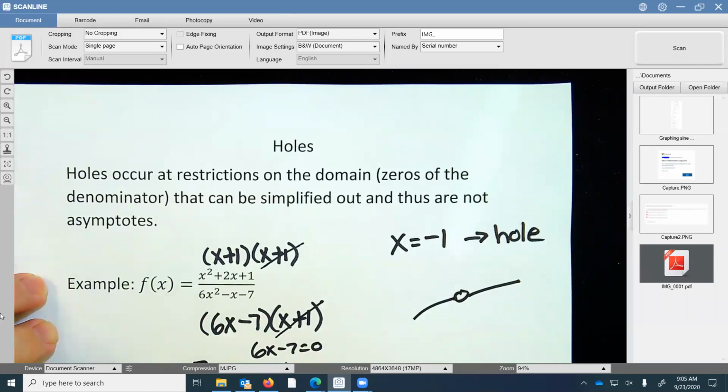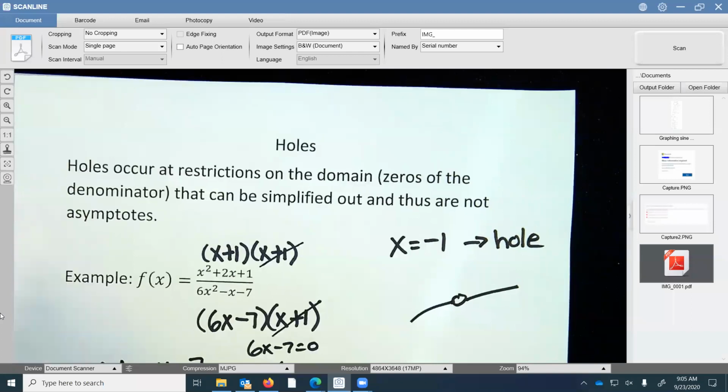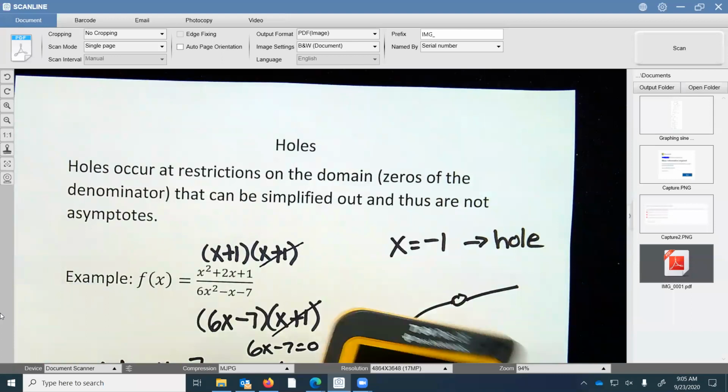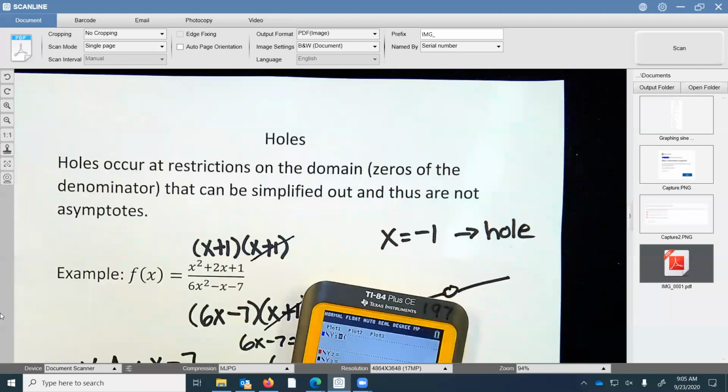And then sometimes they want you to go ahead and find out what that value would be. It's a limiting process. What's it approaching? The easiest way to usually do that, though, is to go into your calculator. X squared plus 2x plus 1 divided by 6x squared minus x minus 7.